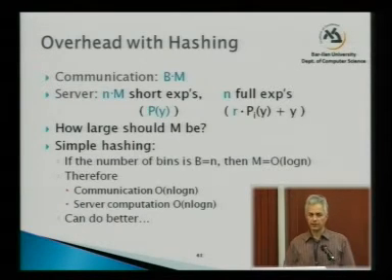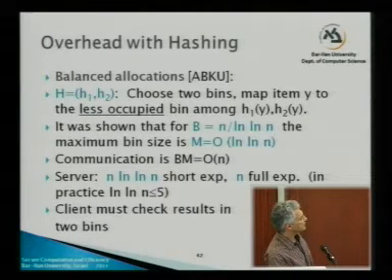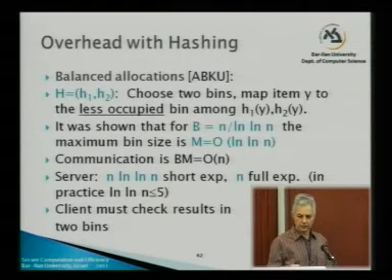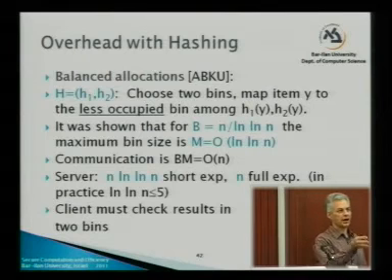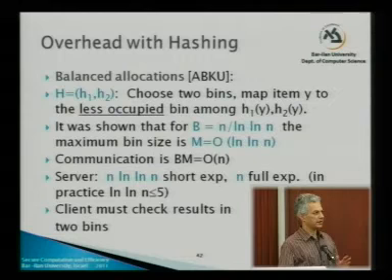So we can actually do better than that. There's a very nice hashing scheme called balanced allocations of Azar, Broder, Karlin, and Upfal, which goes like this. Instead of just throwing items into bins, I use two hash functions, h1 and h2.